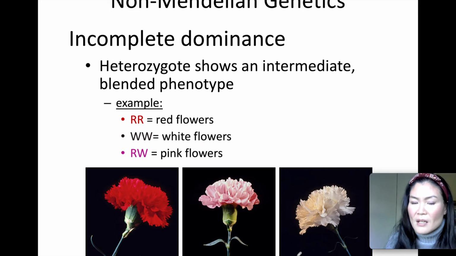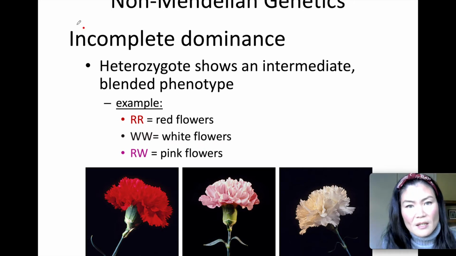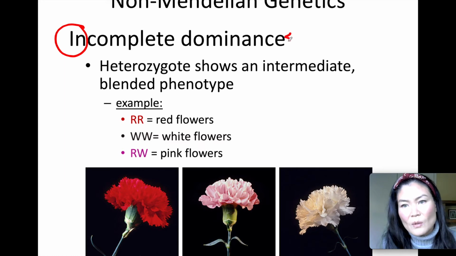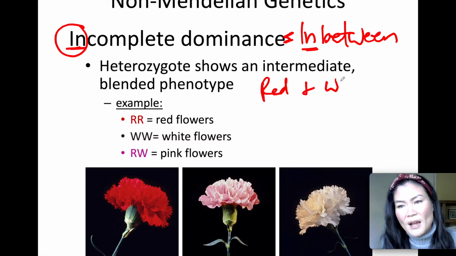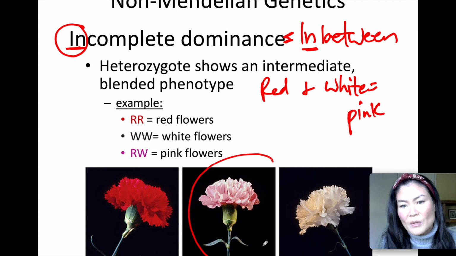Incomplete dominance, think of it this way: it gives you a phenotype in between. That's how I remember this. Incomplete, in between. So if you mix red paint with white paint, what color do you get? An in-between color, pink.